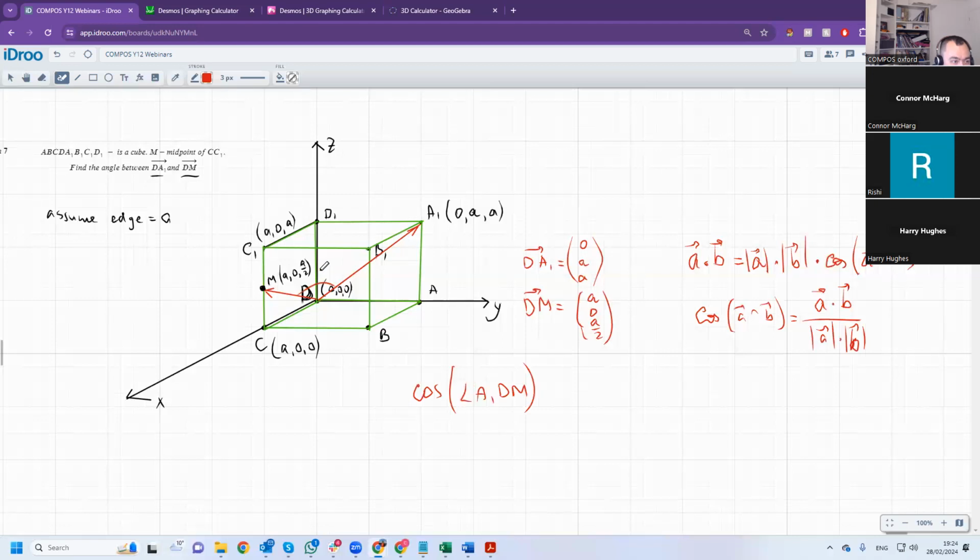We are looking for this angle, theta, and that's equal to DA1 multiplied by DM divided by DA1 modulus multiplied by DM modulus.